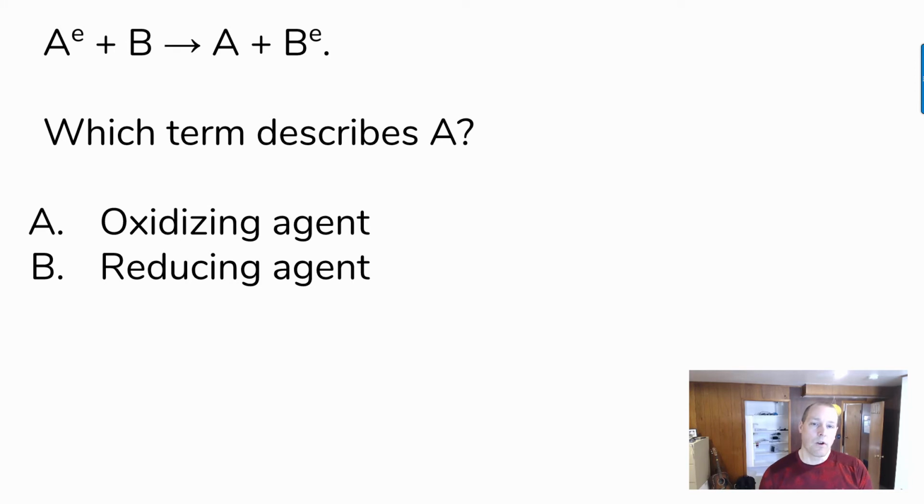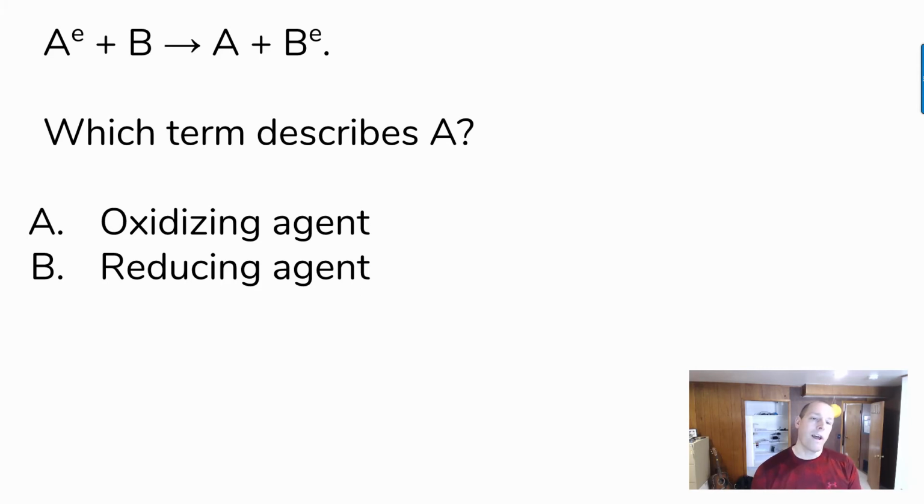Okay, so here we've got an equation which is a more abstract way of thinking about this phenomenon. A with an electron, that's A superscript e, plus B is converted to A plus B with an electron, that's B superscript e. Which term describes A?